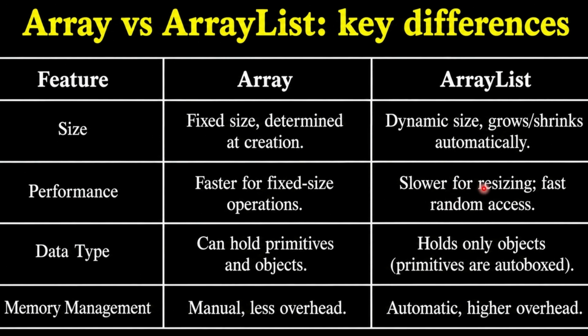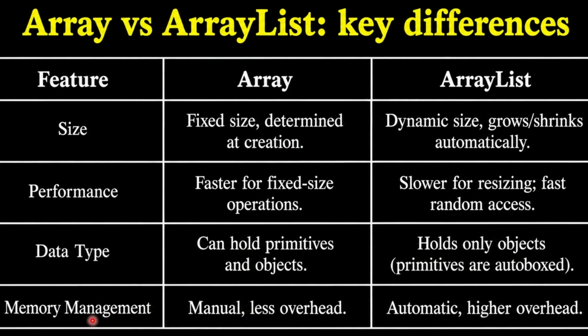Resizing means when an element is added or deleted, the array is resized, which is slower, but random access is very fast. Then data type: arrays can hold primitive data types and objects, but the ArrayList can hold only objects.